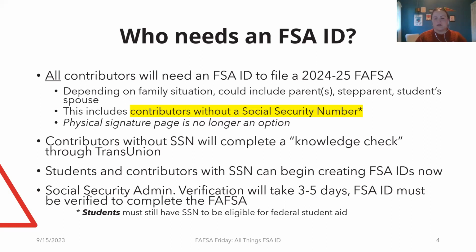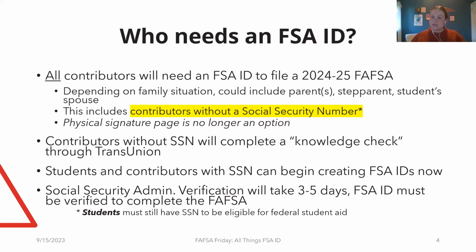And so this is a process that's used in other places online. You may have gone through this yourself. They'll ask questions like, which of these addresses have you not lived at in the past 10 years? And it'll give a whole list of addresses you may have lived at, and you need to find the ones that are not applicable, those kinds of things. So there will be a series of questions that folks can use to verify their identity.